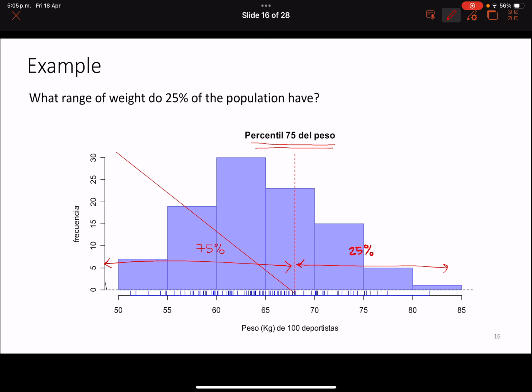So if they're asking me about the 25% of the population, that means that I'm going from here all the way to here. So approximately, I could say that 25% of the population are between 66 to 85 kilograms, and 75% of the population are below 66 kilograms.